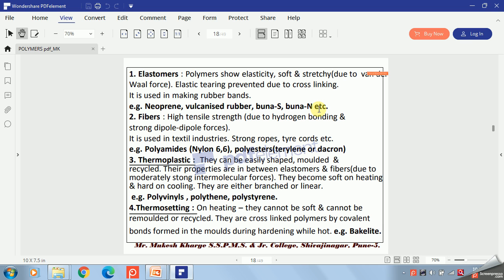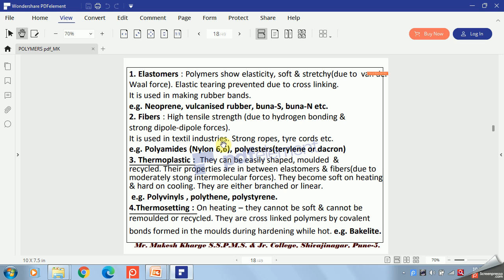The second type is fibers. Fibers have high tensile strength. The reason behind that is hydrogen bonding and strong dipole-dipole forces. In a fiber, hydrogen combines with a more electronegative atom of another element, such as fluorine or chlorine, that means halogens or other more electronegative atoms. Due to this high tensile strength, it is used in the textile industry.